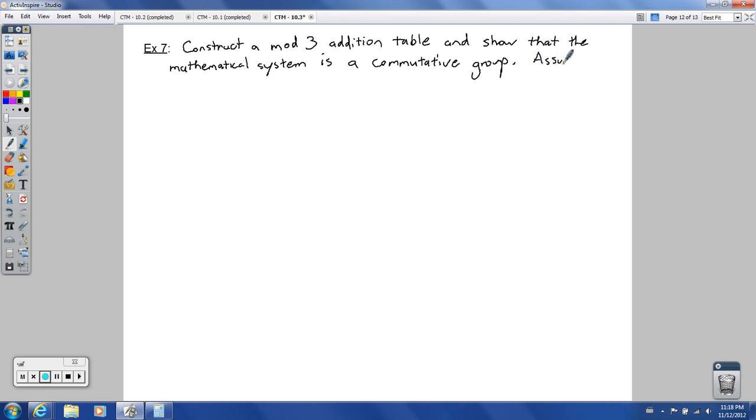And just like before in some of the problems we had, we're going to assume that the associative property holds.